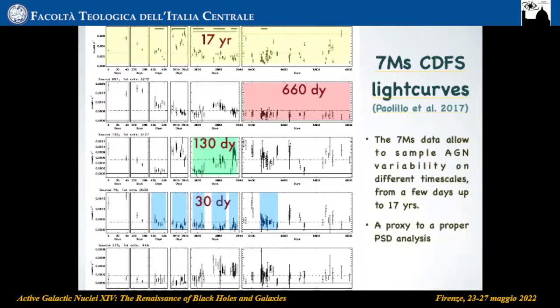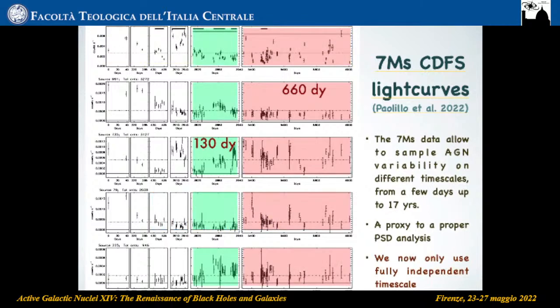And so here, you have different time scales that you can probe at the same time. We started working on these different time scales just on the Chandra Deep Field South a few years back, but now we're trying to push this using only time scales that are completely independent from each other, so that we don't introduce correlation in this.